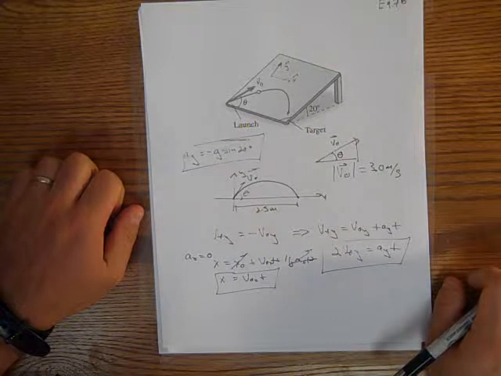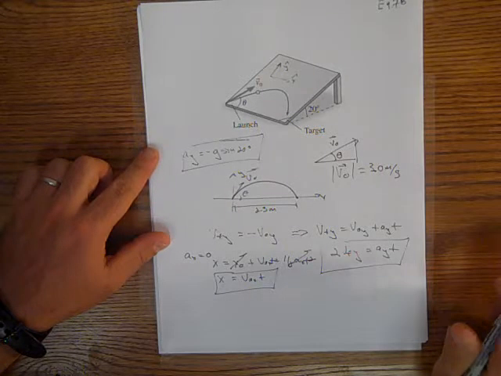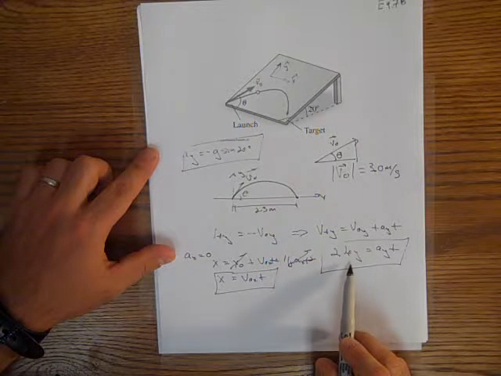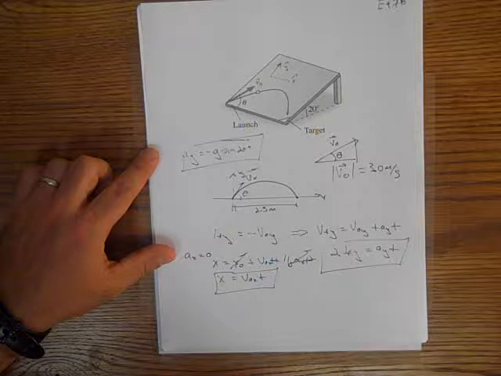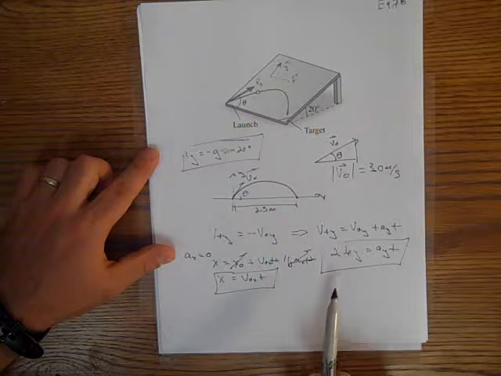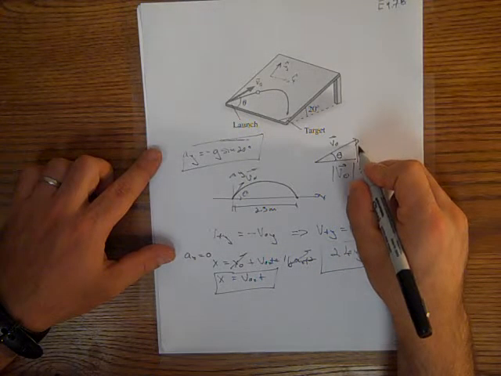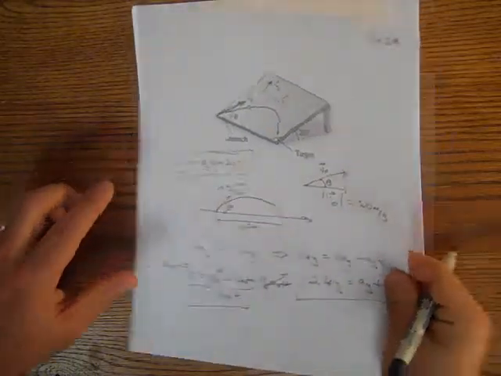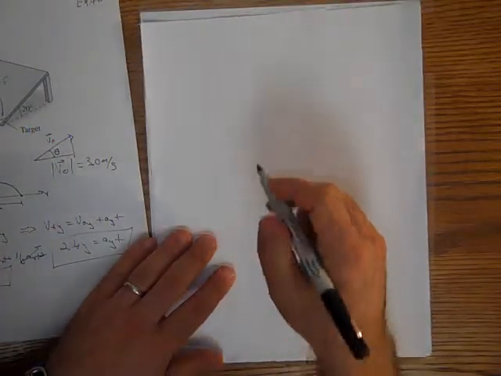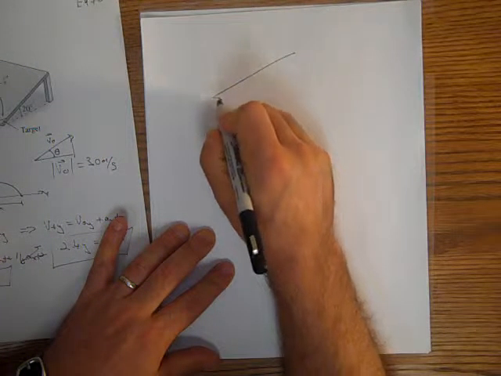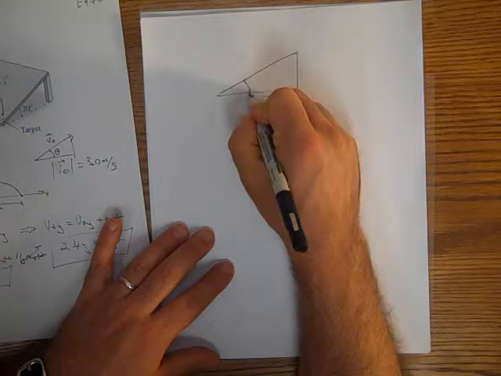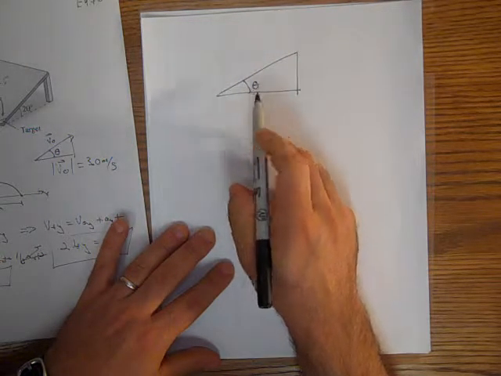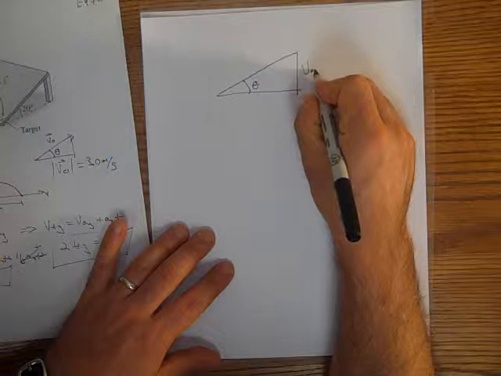Okay. And so, what can I do here? I can actually use this triangle up here that I've constructed to help me make more progress on this problem. So I'm going to redraw that triangle. It gives me the angle that I'm after. I'm actually looking for this. I know this is V0y.